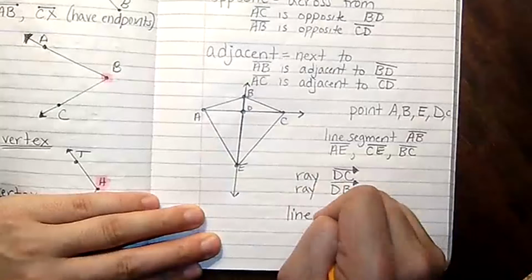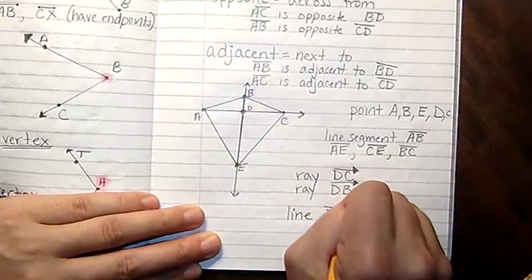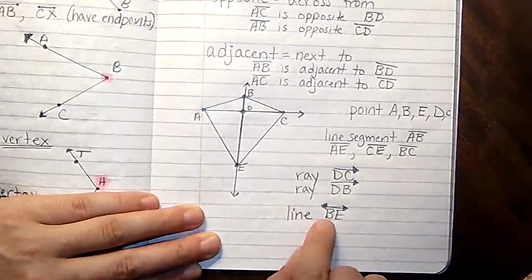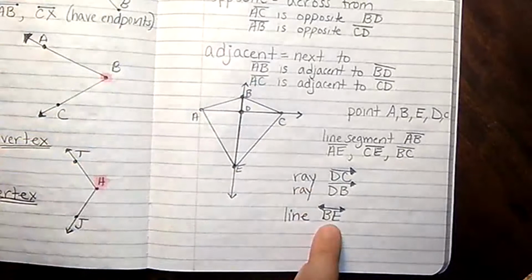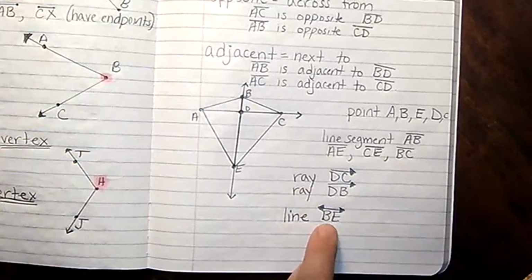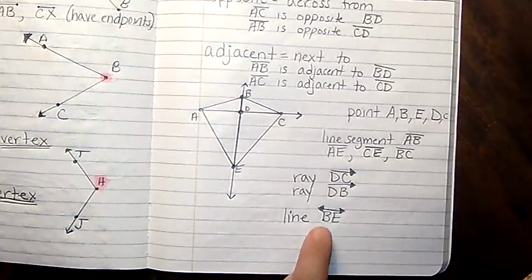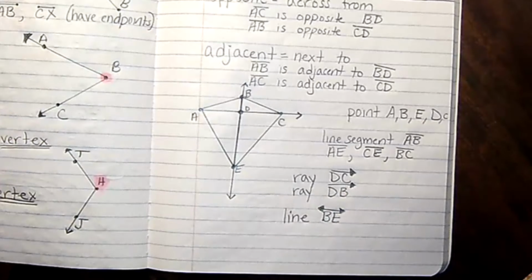This is a line, BE. And I'm going to put an arrowhead at both ends of my shape because BE has an arrow at both ends. That's how we know it's a line. This is line BE. So this is a line and this is a ray. And this is a line and this is a ray, and lines go forever in opposite directions.